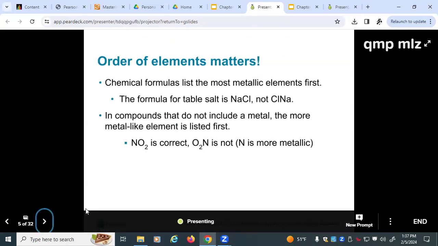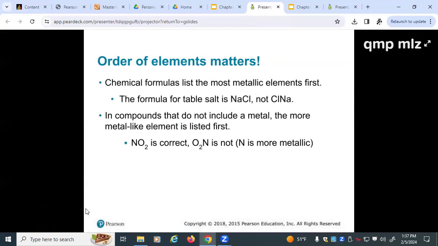A couple of other notes that you should consider. Order. The order of elemental presentation in a compound does matter. And the general convention is this. When we list out a chemical formula, we are going to list out the elements in that formula from most metallic to least metallic. So the most metallic element is going to be the one that is the leftmost in the compound.